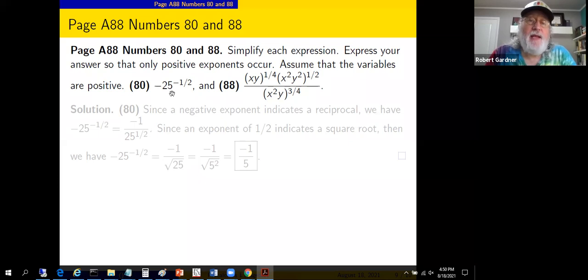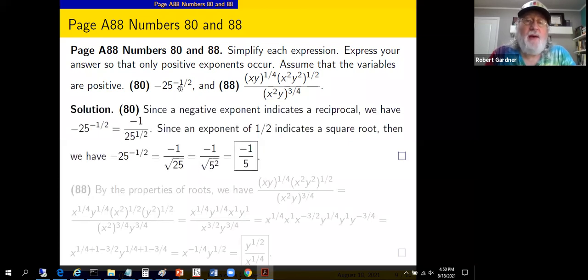Okay, negative 25 to the negative 1/2 power. Okay, a negative exponent indicates a reciprocal. It's 25 to the negative 1/2 first, and then there's a negative sign out front, right? Order of operations is do the exponentiation first.